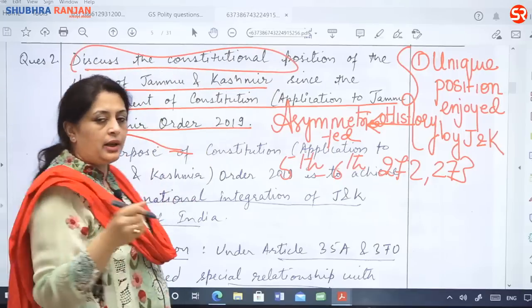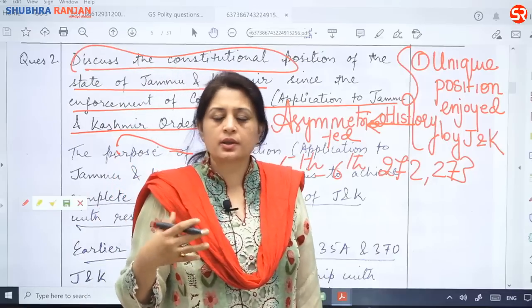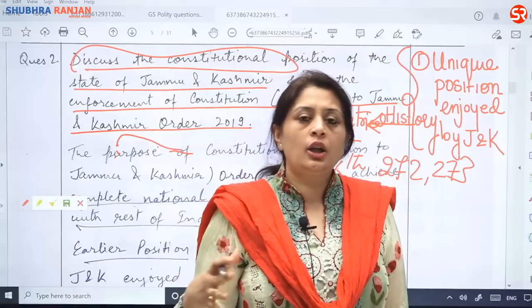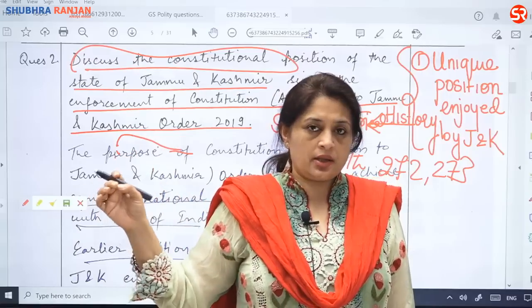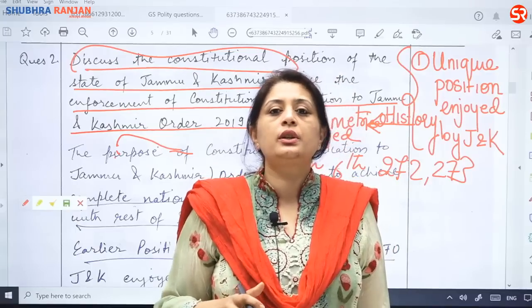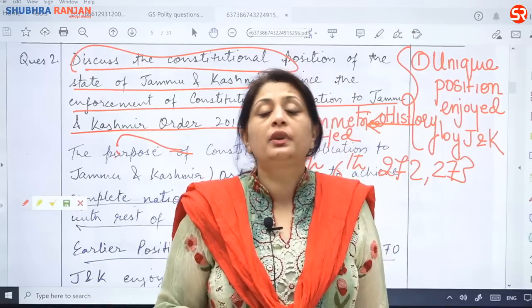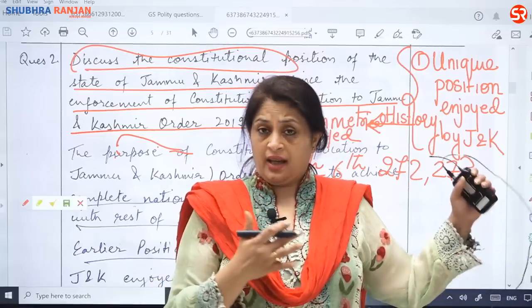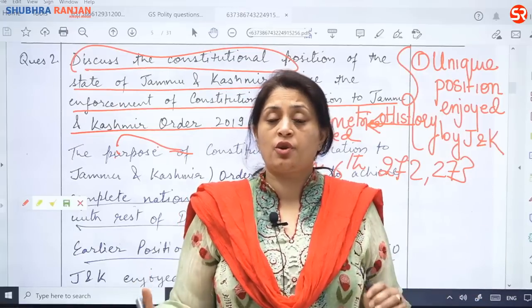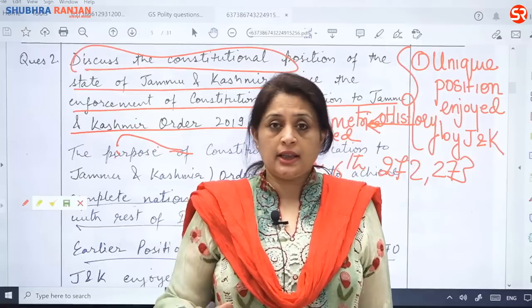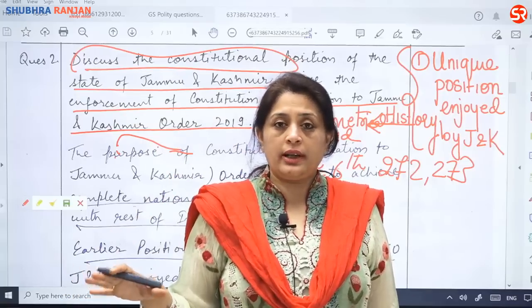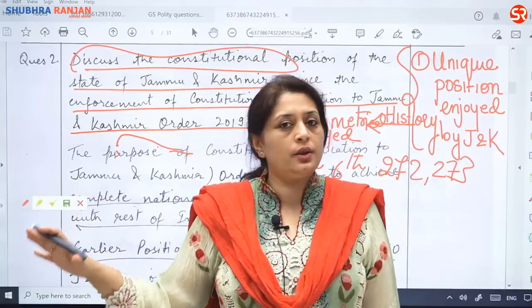So in a way, now Jammu and Kashmir's constitutional position is almost similar to all other states. Though the Indian constitution didn't have special provisions only for Jammu and Kashmir, there have been special provisions even for Nagaland, even for Manipur, even for Sikkim. But Jammu and Kashmir's position is more or less like the other units.